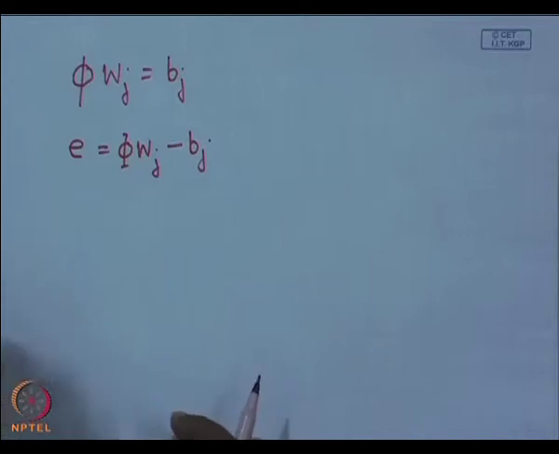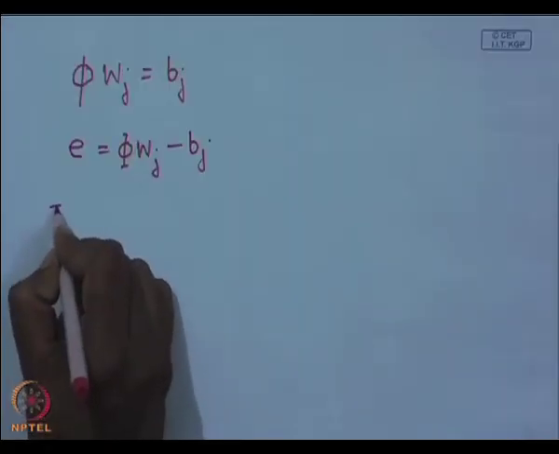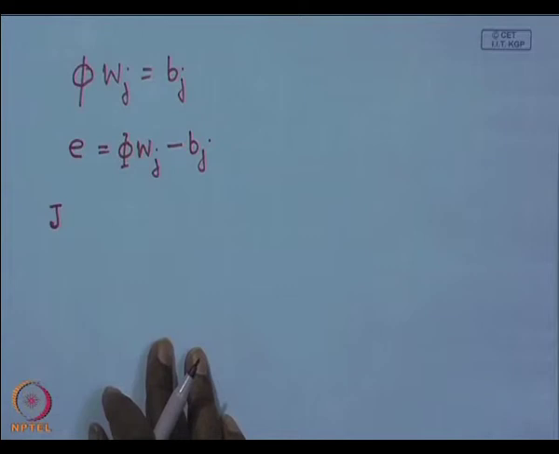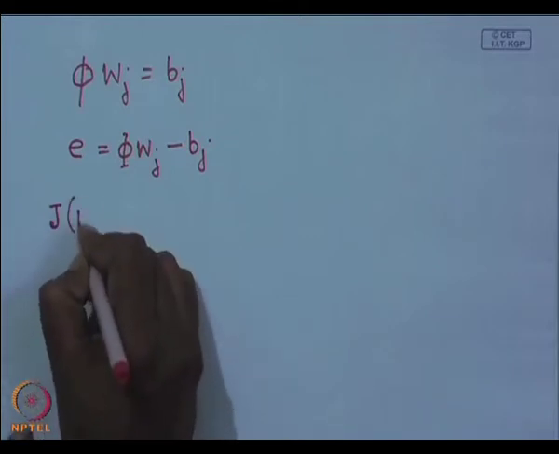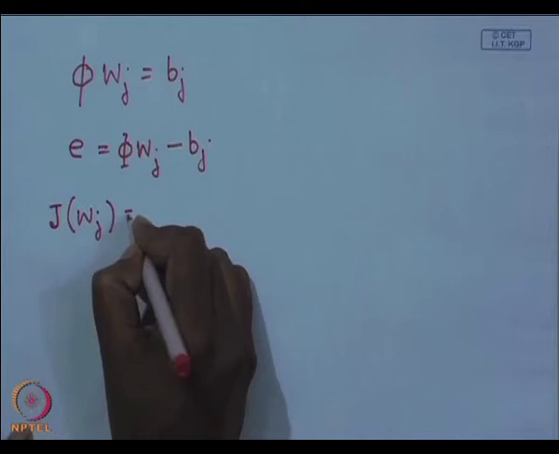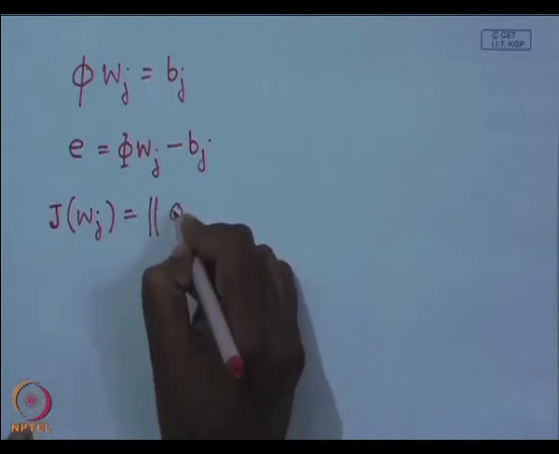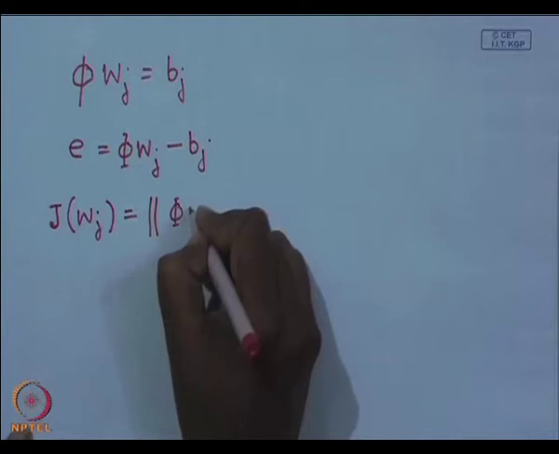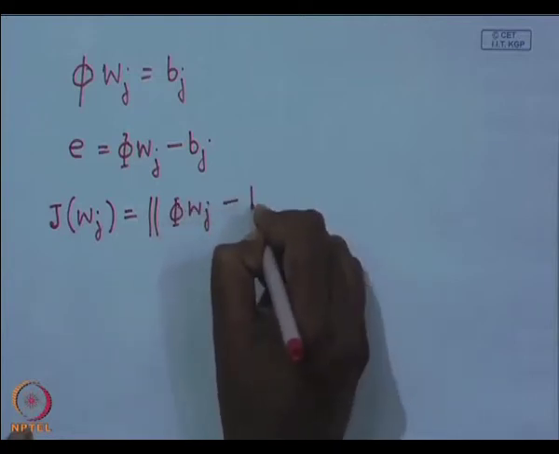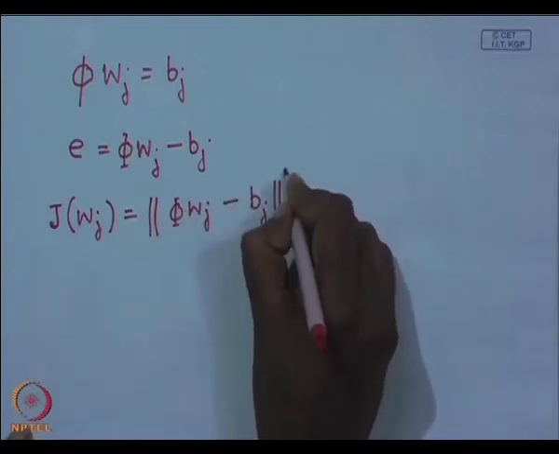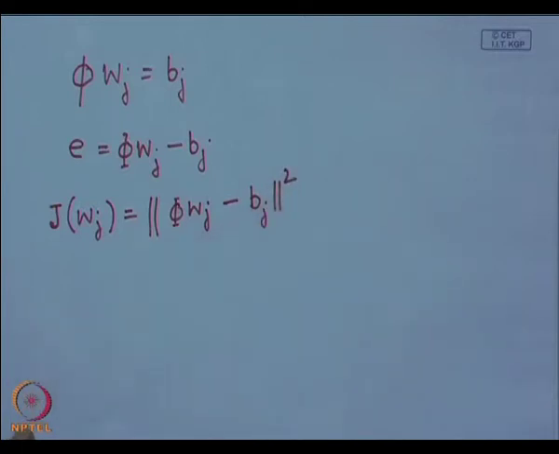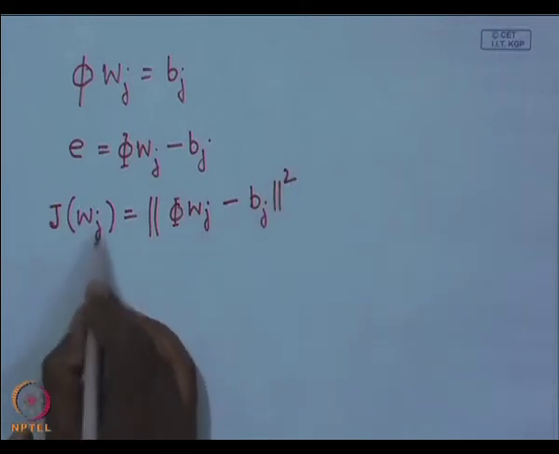In order to do that, as we have done earlier for the mean square error technique for classifier learning or classifier training, I can also define here a criterion function J of w j, which is given by the norm of phi w j minus b j, and then I take the gradient with respect to w j.